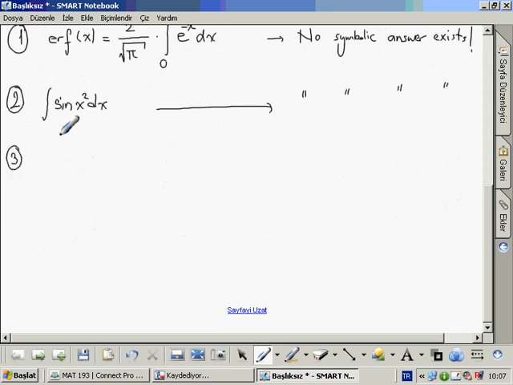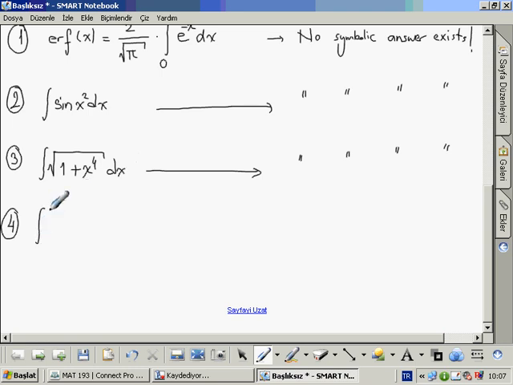And the third example, the integral of square root of 1 plus x to the power of 4 dx. No symbolic answer.